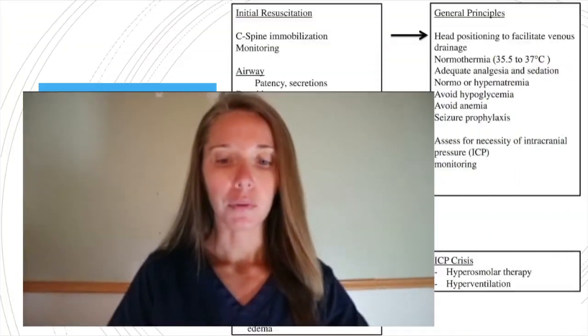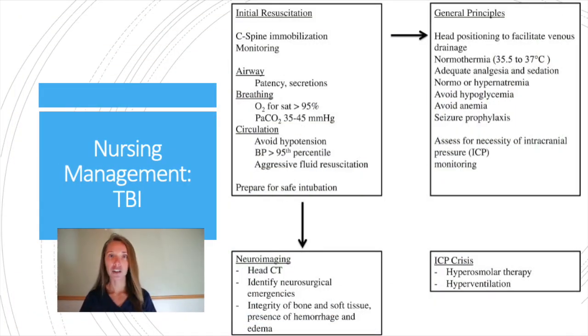So your nursing management of your patient that comes in with a TBI, if you're in an emergency department, you need to first stabilize and immobilize that cervical spine. Because when I have a patient with some type of brain trauma, I am always assuming that they have a cervical spine fracture, the worst thing that you can have, before I treat them, right?